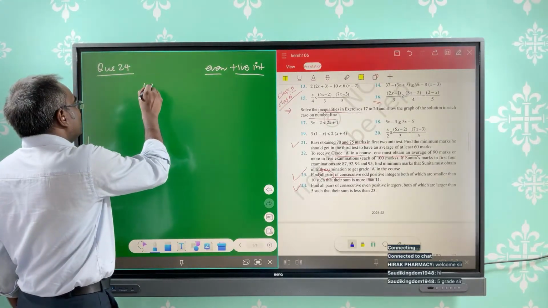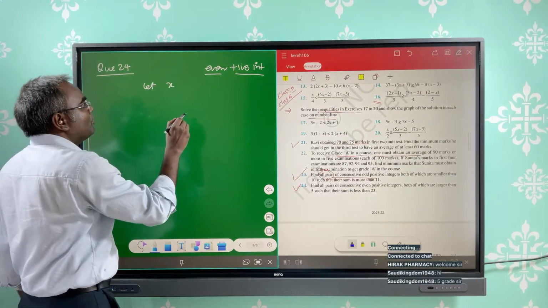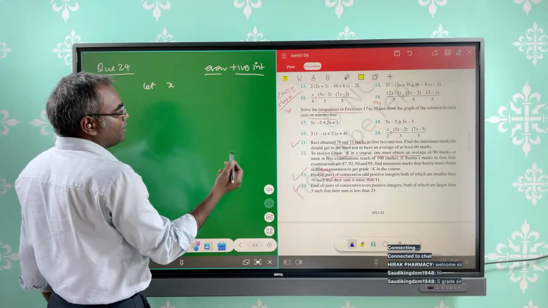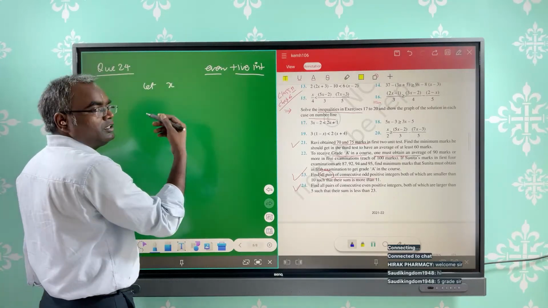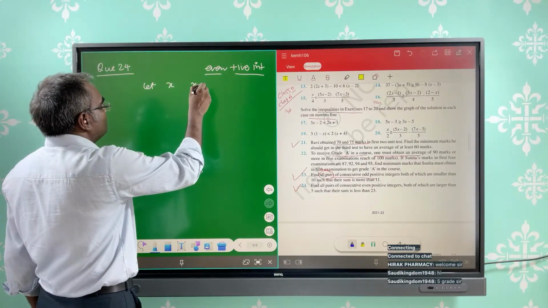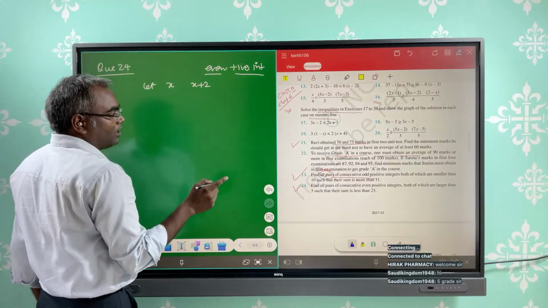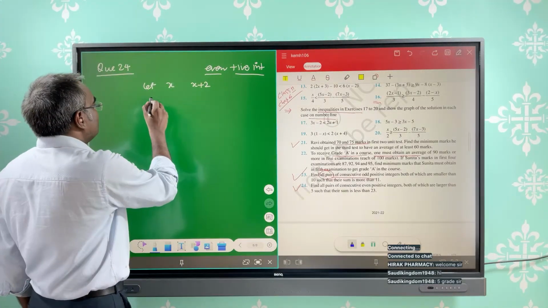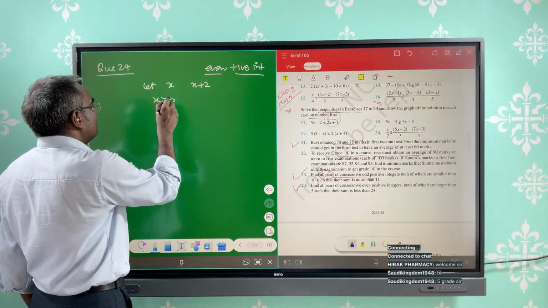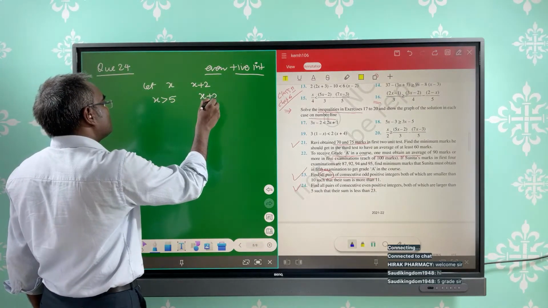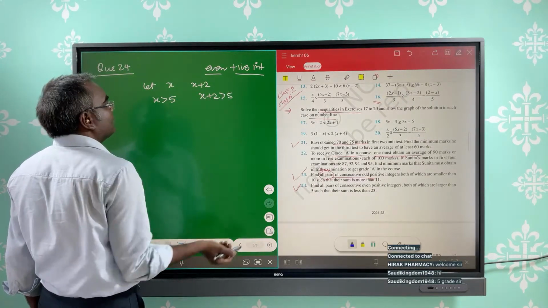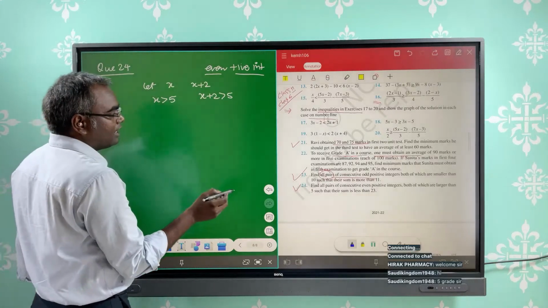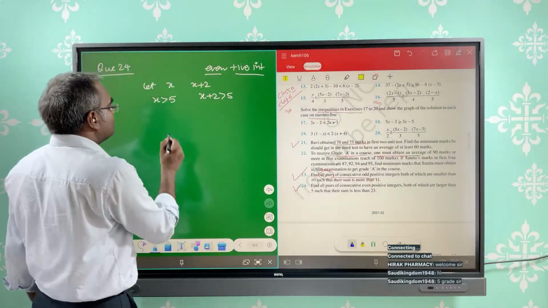It should be even. So let x be the positive integer, and the next consecutive integer will be x plus 2. Both of which are larger than 5, so x is greater than 5 and x plus 2 is also greater than 5. We have to find the numbers such that their sum is less than 23.